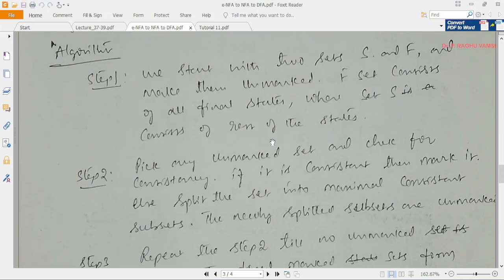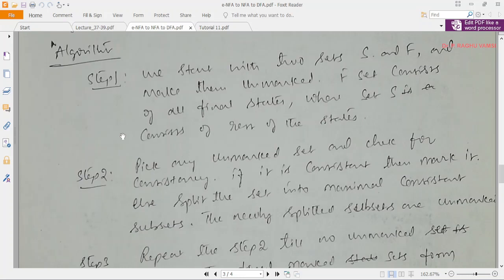This is very, very important to remember. In the minimization of DFA, there exist two methods in the literature. One is the table filling method. The second one is the subset construction method. I am going to explain the subset construction method. There are many other materials available over the internet and in textbooks regarding the table filling method.